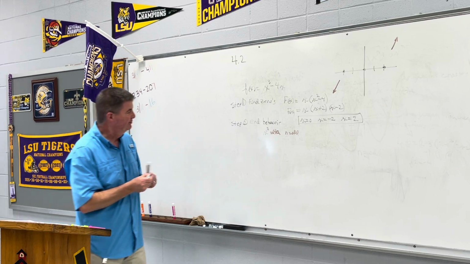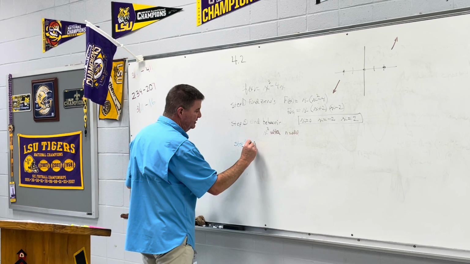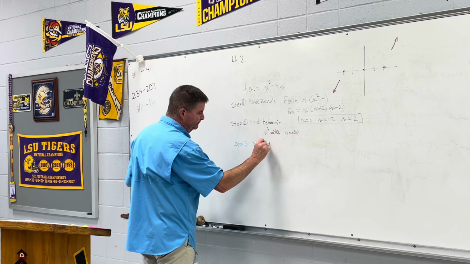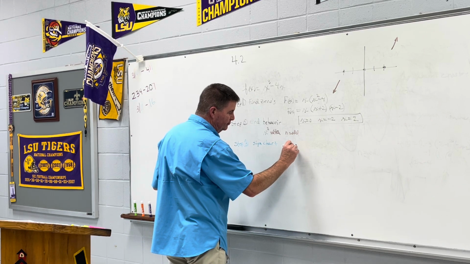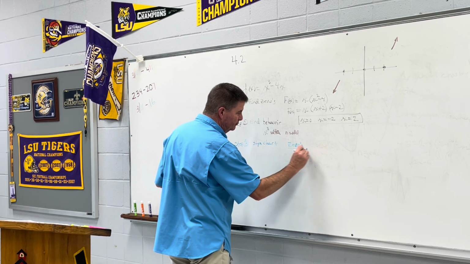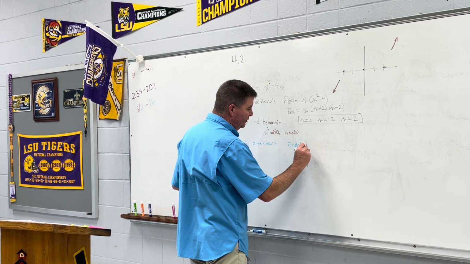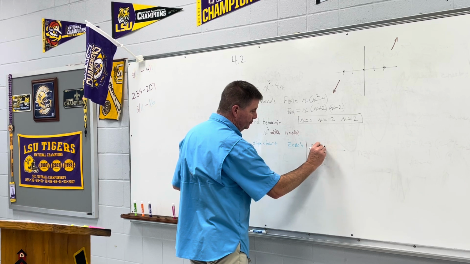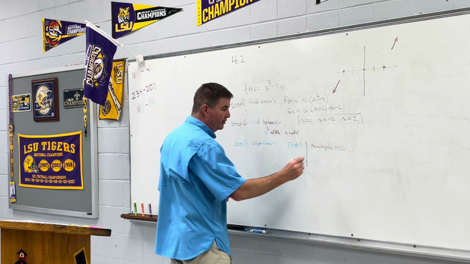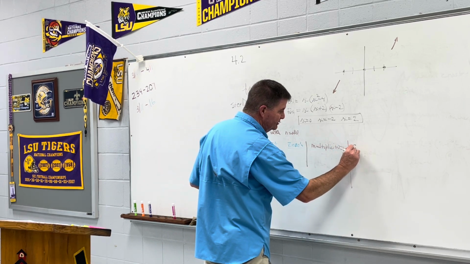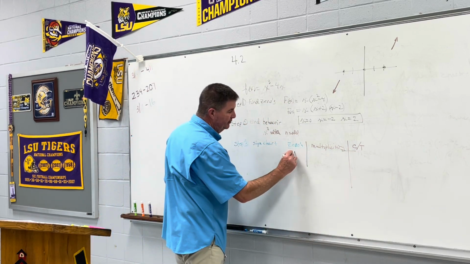Then we're going to look at step 3, which is the sign chart. In the sign chart, we got our zeros. We have our multiplicities. And we're going to have our crosses or touches. For our zeros, we have 0.